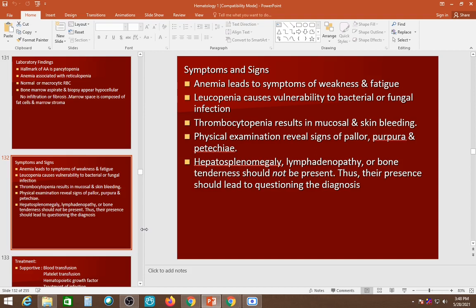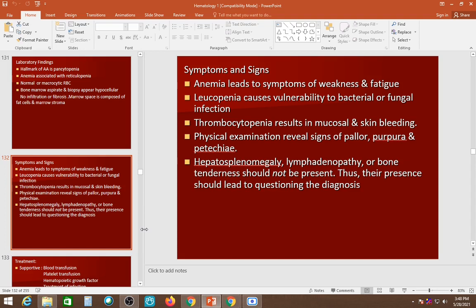Very important. Then, because of thrombocytopenia, they will come with mucosal and skin bleeding. On examination, they will have pallor, purpura and petechiae secondary to thrombocytopenia.